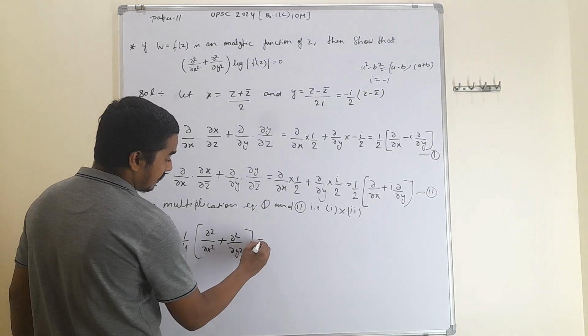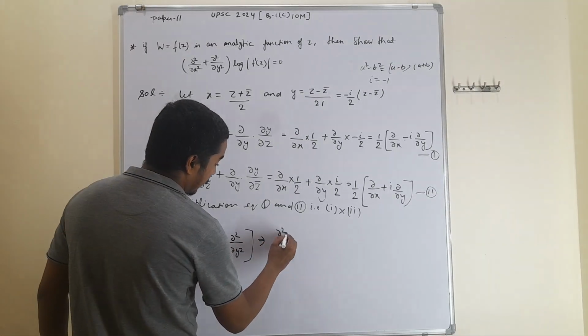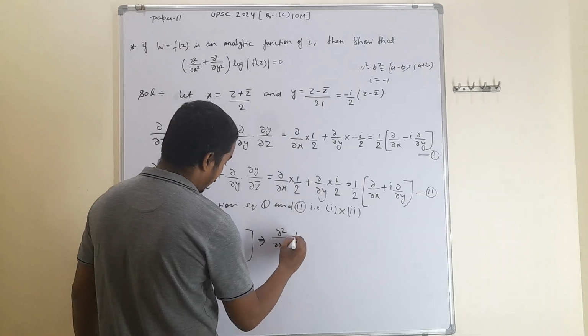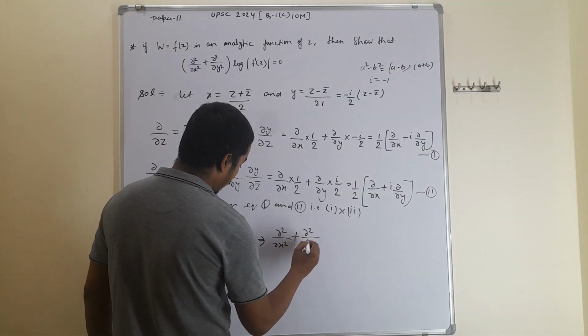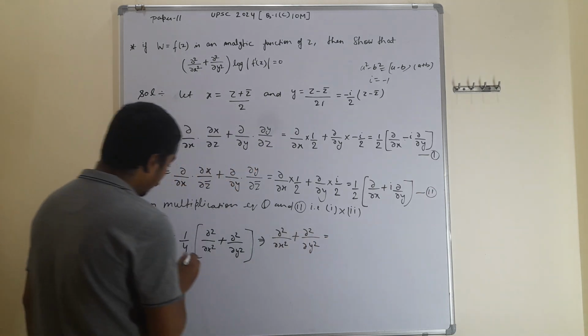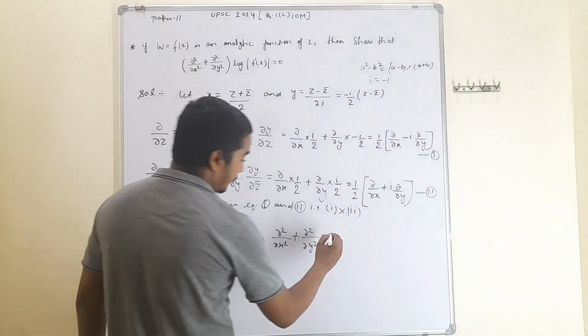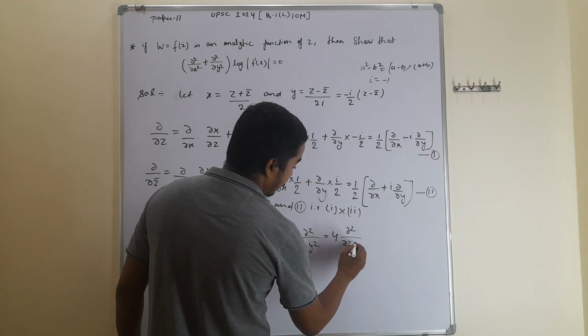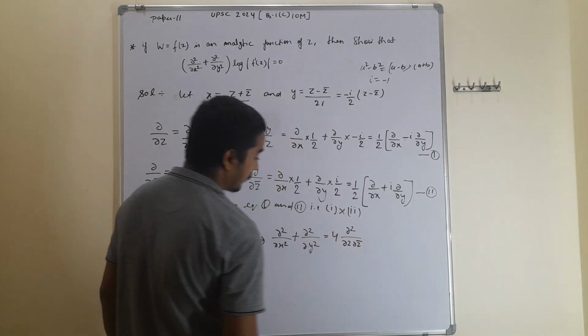On arranging, ∂²/∂x² + ∂²/∂y² equals 4 ∂²/∂z∂z̄.